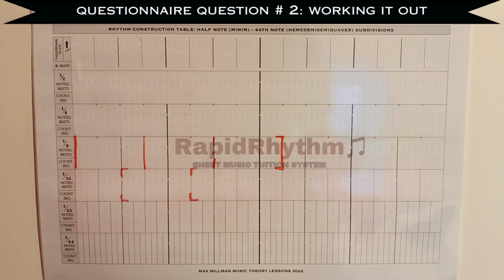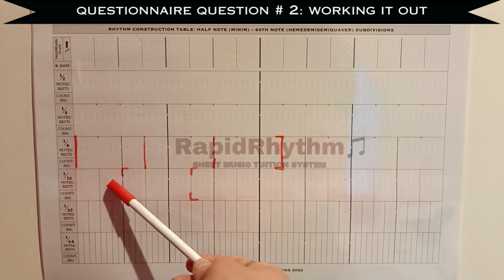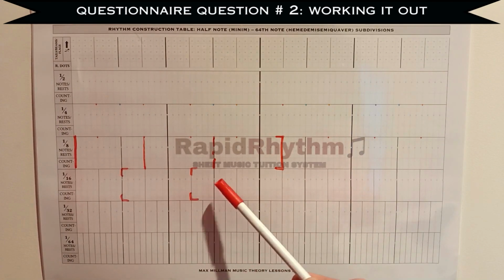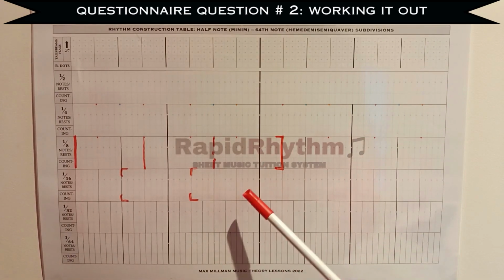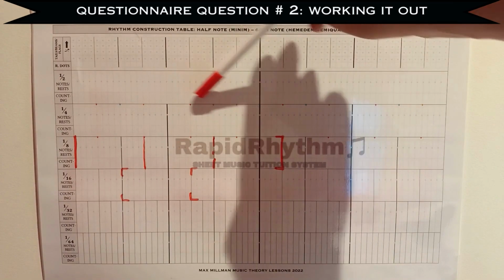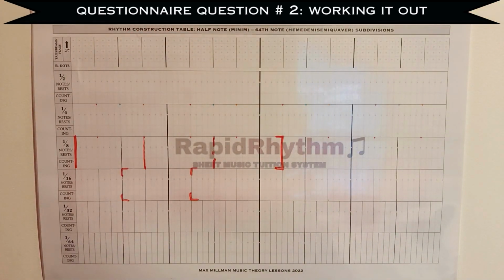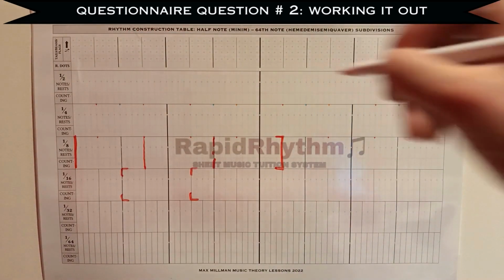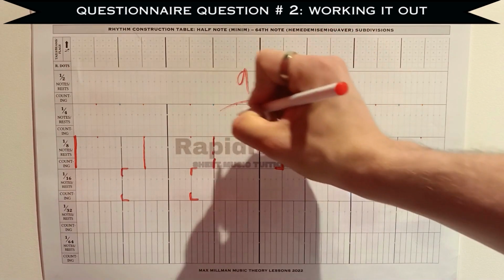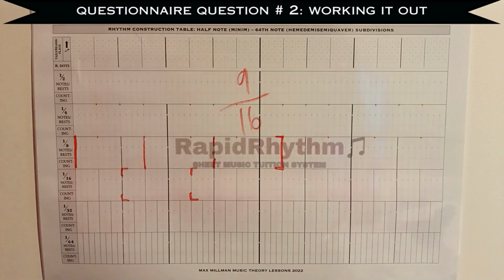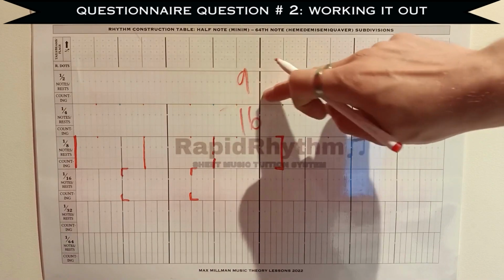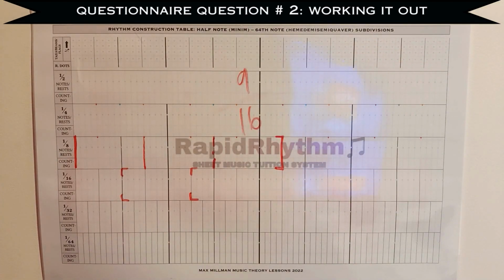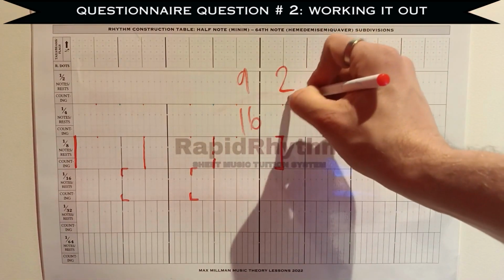1/16th note too far. You can see 1, 2, 3, 4, 5, 6, 7, 8, 9 16th notes instead of 8 16th notes, which is that equivalent length. So the time signature in this case is 9/16 instead of 2/4.